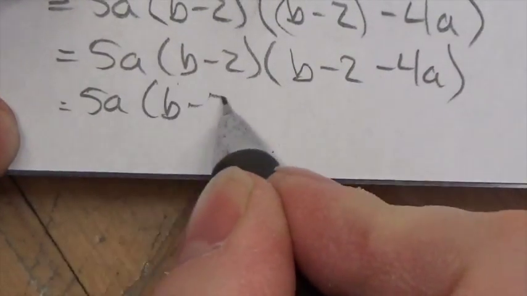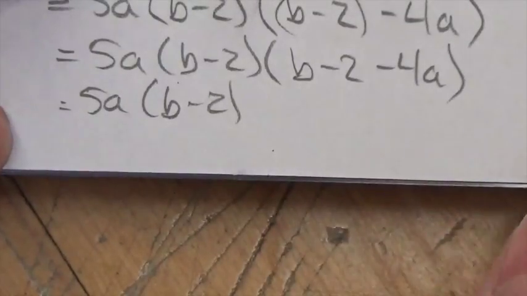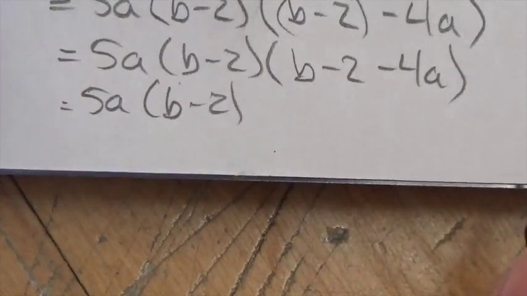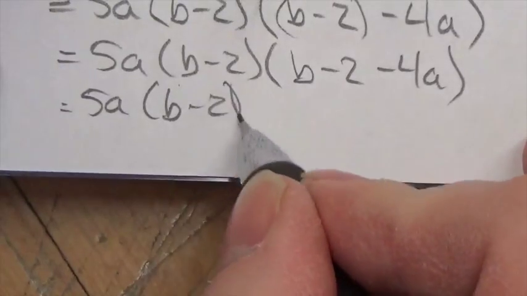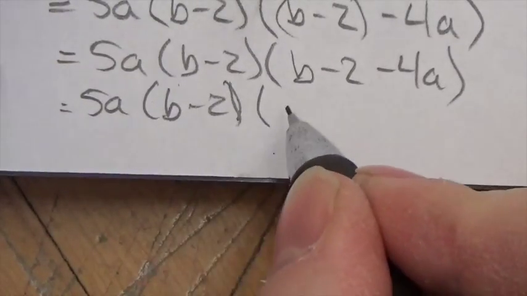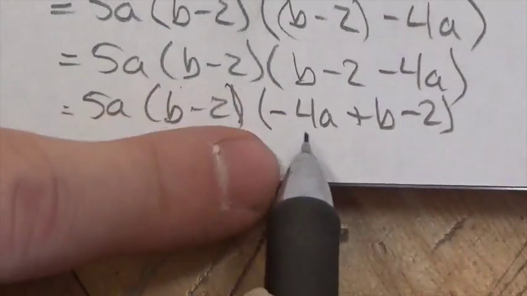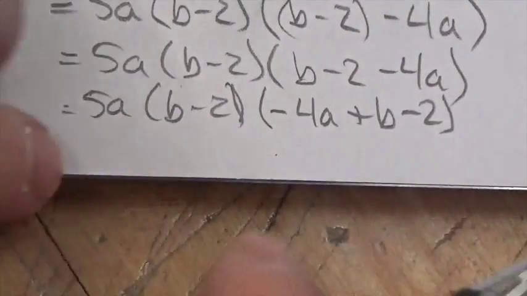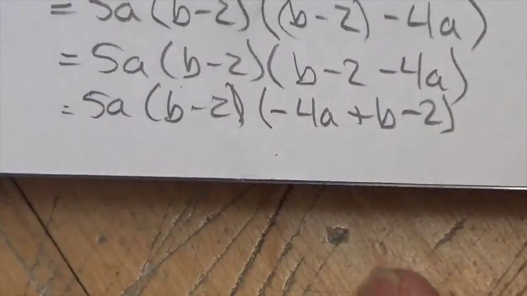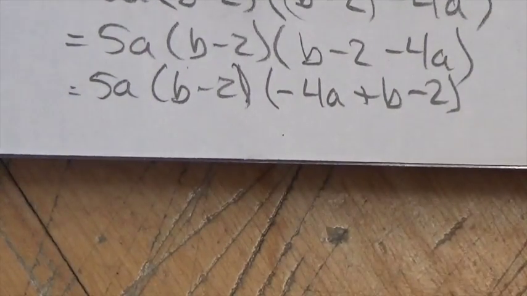Now at the very least, everybody, I could make this a little prettier. b minus 2 minus 4a really should be written, in standard form, as minus 4a plus b minus 2. Okay, alphabetic in order of decreasing power. Now there's one last thing, and I know you're probably wondering, when is this question ever going to end?